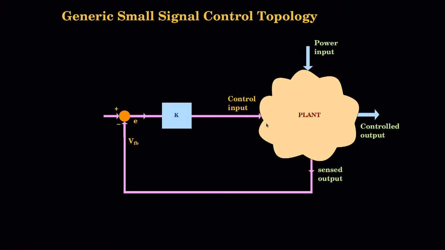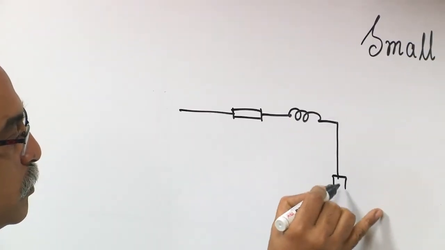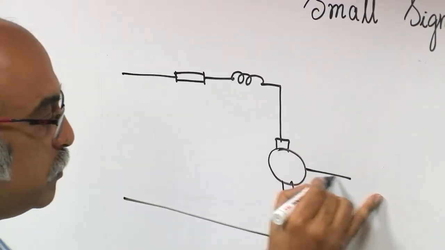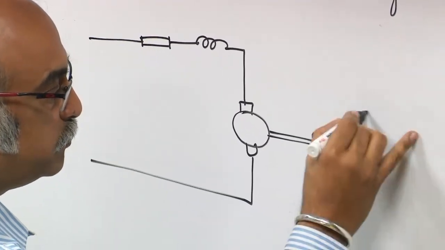Now, let us say you are having a DC motor. What are the states? Let us say you have a DC motor, shaft, some inertia.